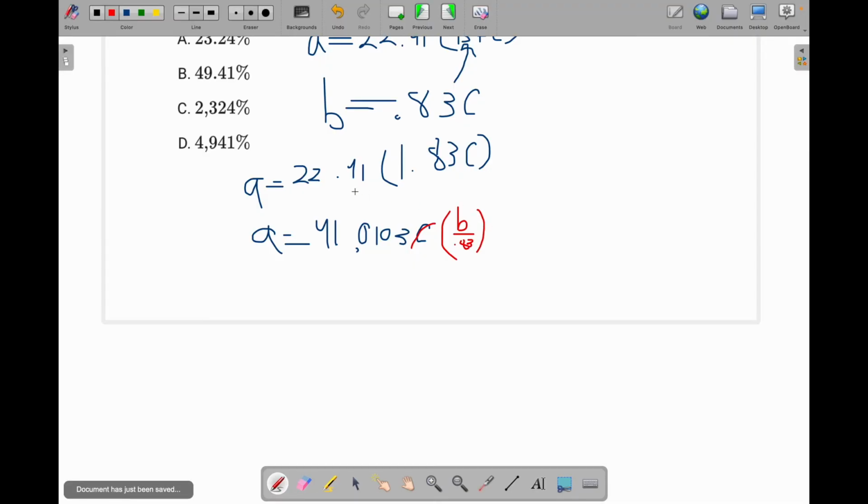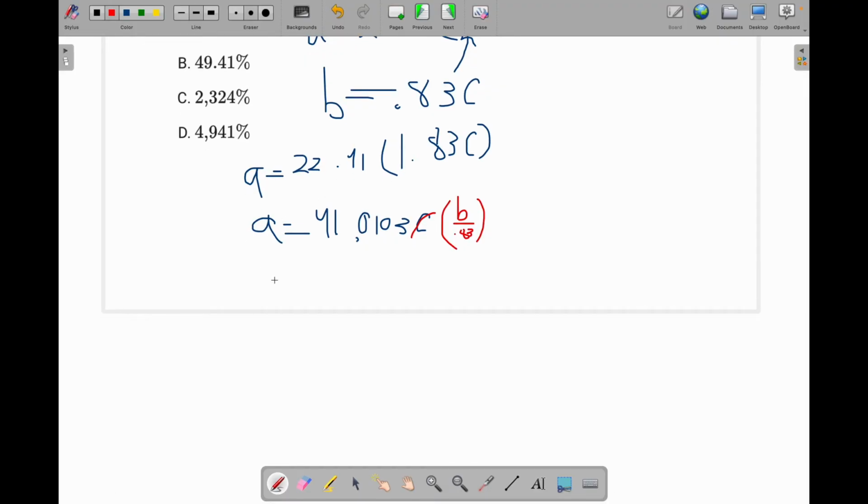And then we're just going to do 41.0103 divided by 0.83, in which then you're going to see A is going to be 49.41 of B. Now, what we can do with this information is we just need to convert this 49.41 into a percent, which should be 4,941. And our answer is just going to be D.